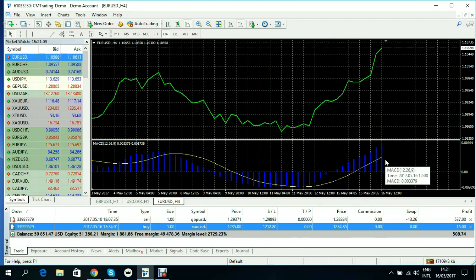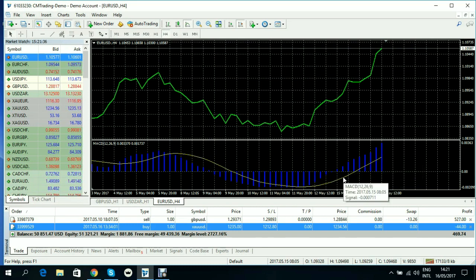The bars, or the histogram, is what represents MACD, right? And then the moving average, this yellow line, represents the signal.